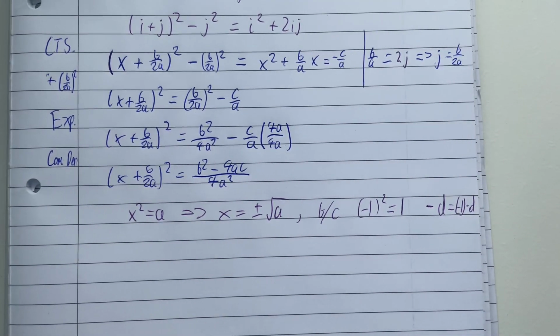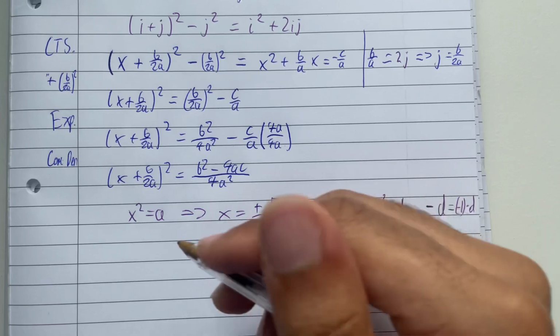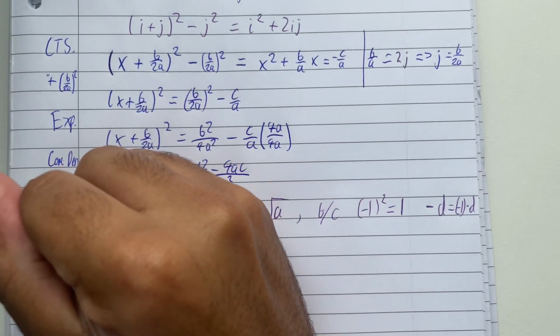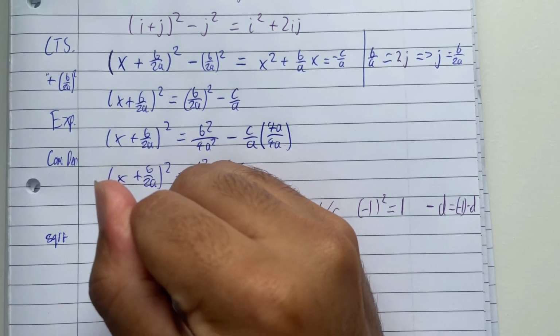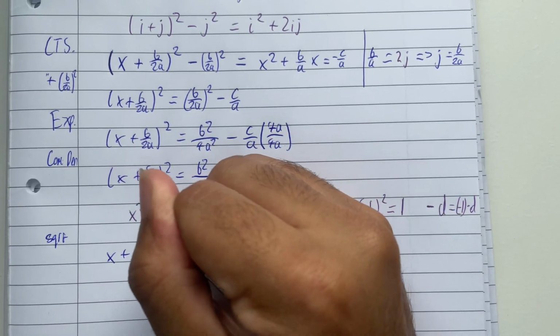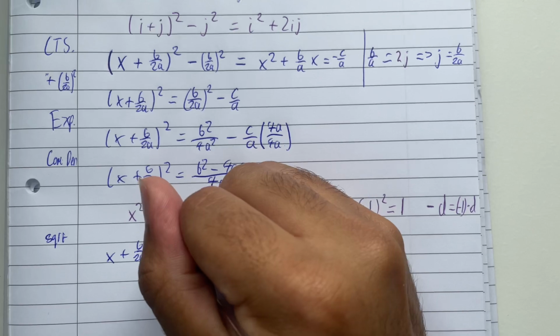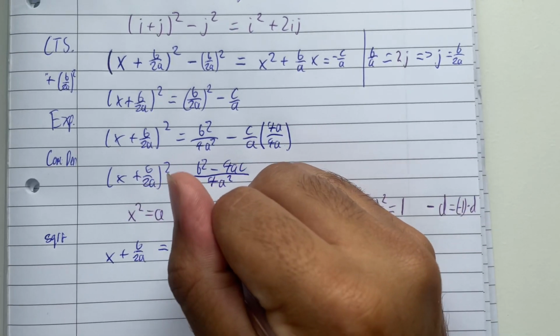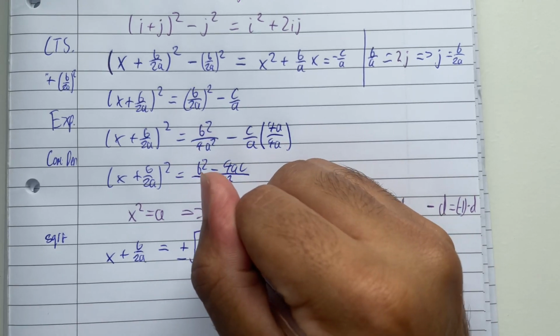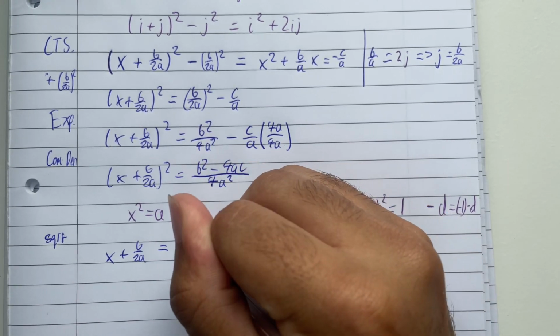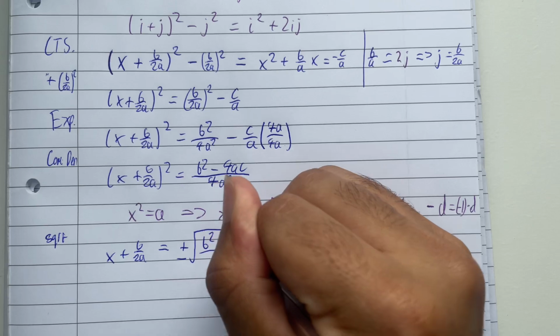So that's the reason behind the plus and minus. So if I take the square root, then I get x plus b over 2a is equal to plus or minus the square root of b squared minus 4ac all over 4a squared.